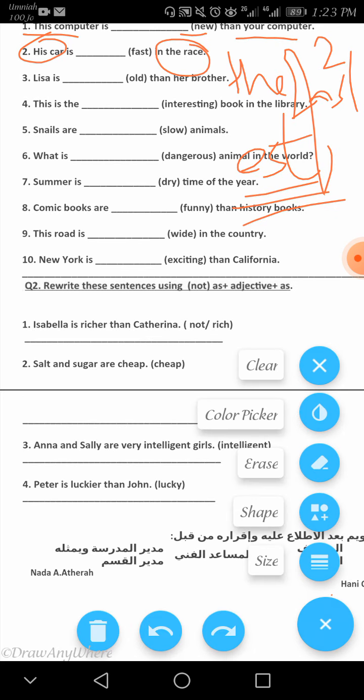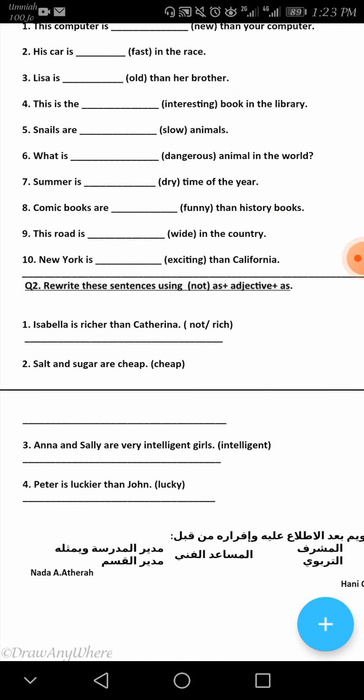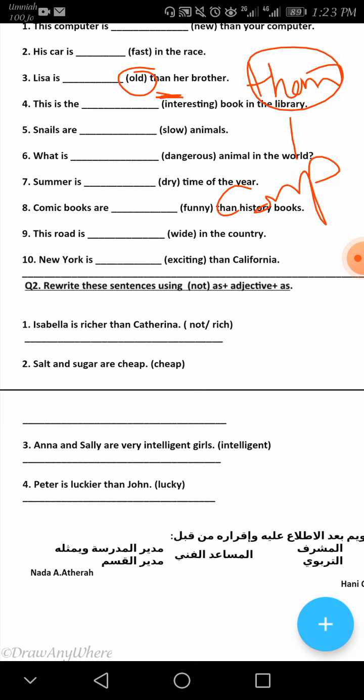Okay, next. Lisa is old ___ than. مجرد ما تشوفي than you have to know it's what? Comparative صح؟ Yes. مجرد ما تشوفي يا miss than it's comparative.